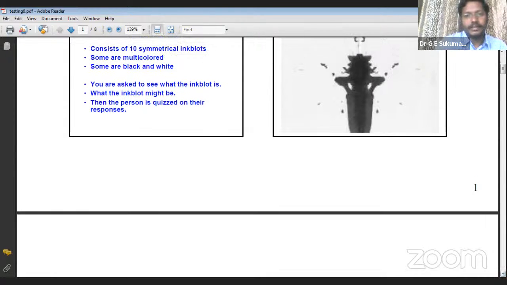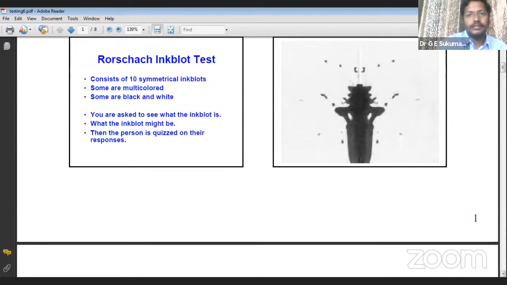Can they give any description of the blots? For example, this particular picture could be perceived based on the internal state of mind, their motives, unconscious conflicts, and all that. They try to interpret based on their internal, unconscious conflicts.